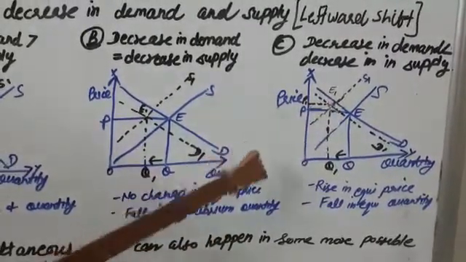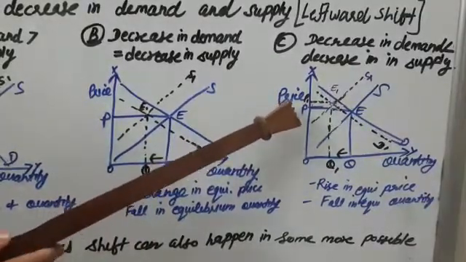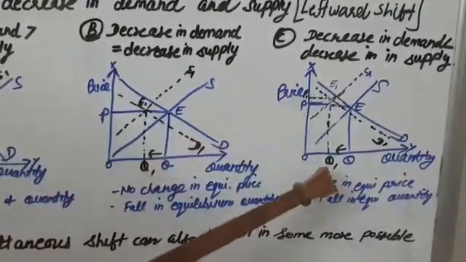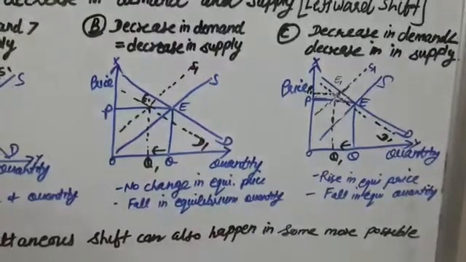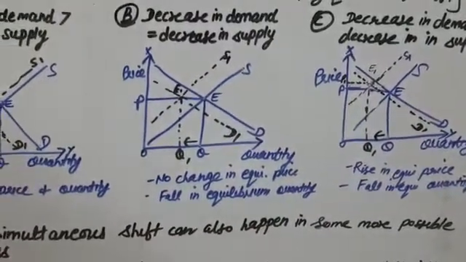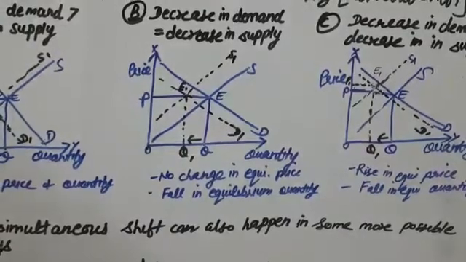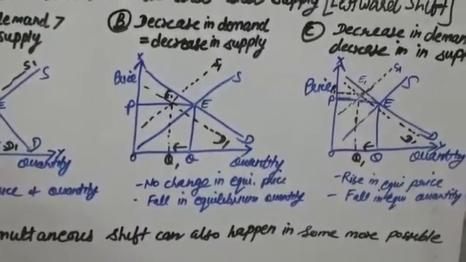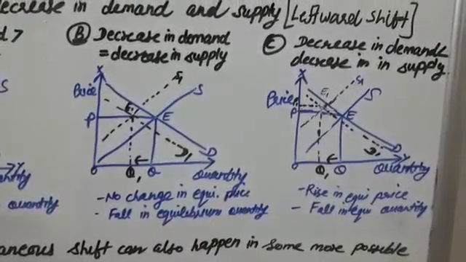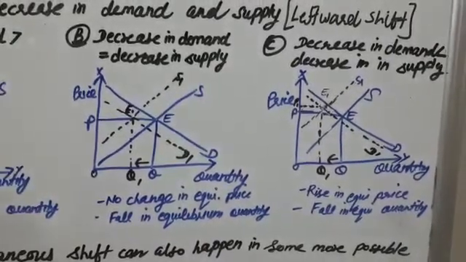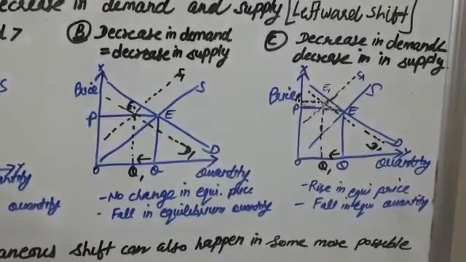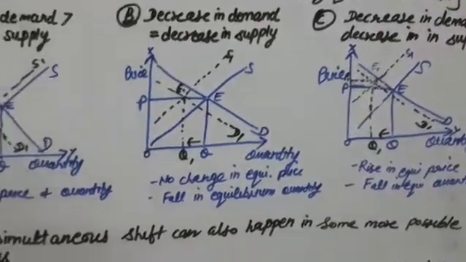There is rise in equilibrium price. New equilibrium price is P1, and there is fall in equilibrium quantity, which is Q1. It is clear, when there is simultaneous decrease in both demand and supply, equilibrium quantity decreases in all situations, but equilibrium price may decrease, may not change at all, or may increase.